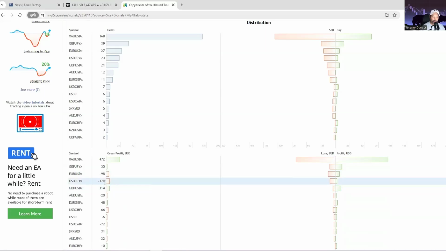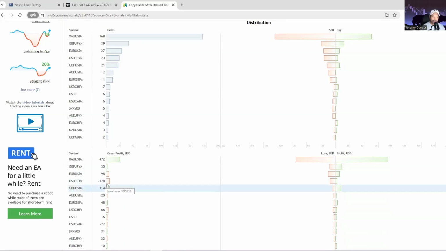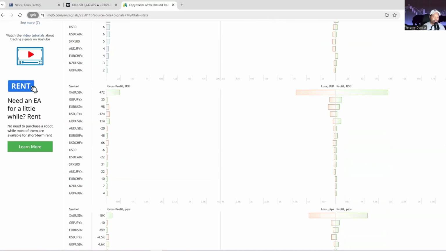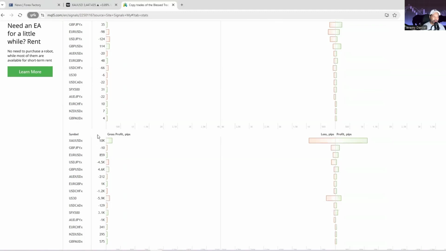And it makes sense why I don't trade certain currency pairs. And then if you go down to the next area right here, you can see the profit. I am up on gold by 10,000 pips. So that's pretty substantial. And I believe this is the oldest account that I have.